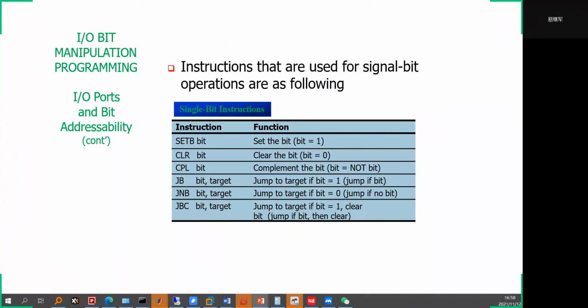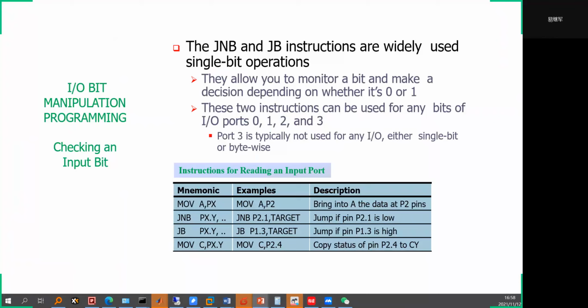This is a jump instruction. These are instructions used for bit operation, just for bits. JNB and JB instructions are widely used for single bit operation.